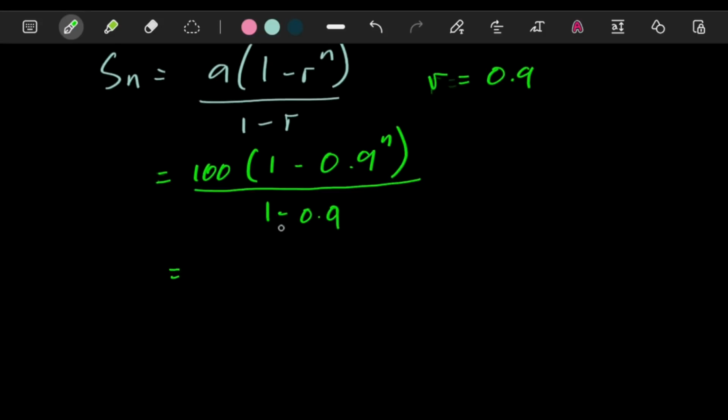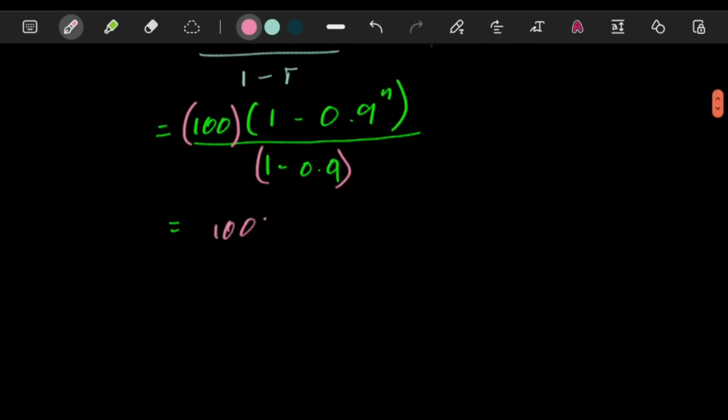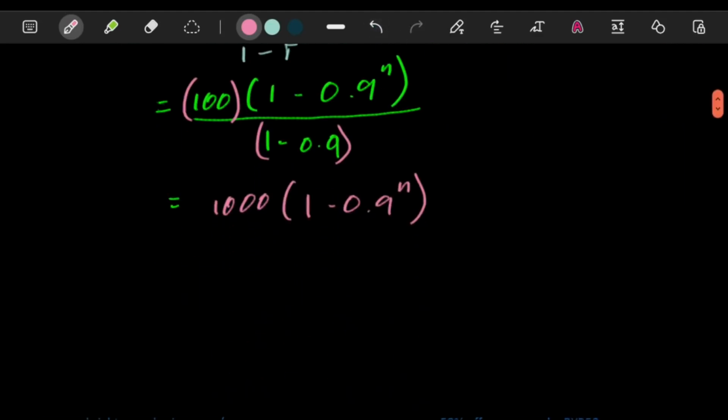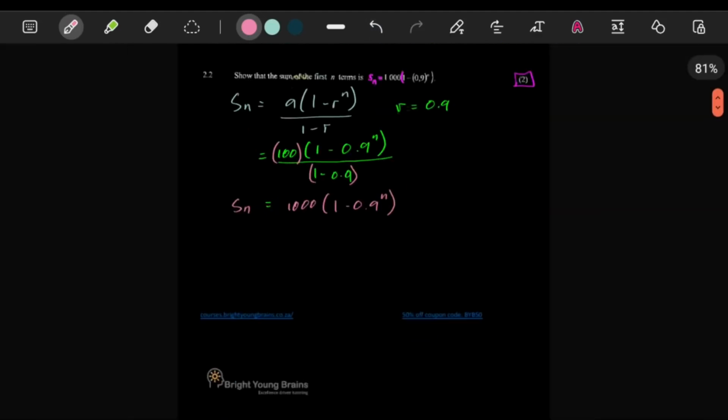So that's where our 1000 comes from, because 100 divided by 0.1 gives you 1000. And then you have 1 minus 0.9 to the power of n, like that.